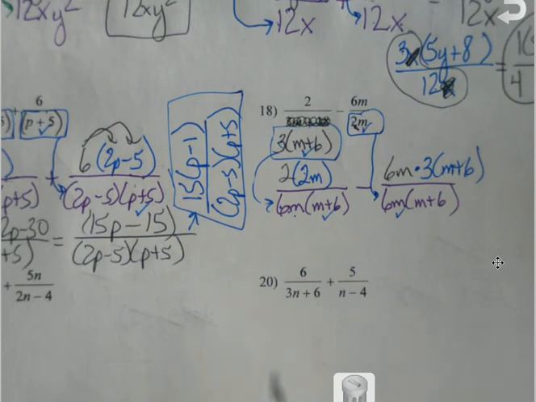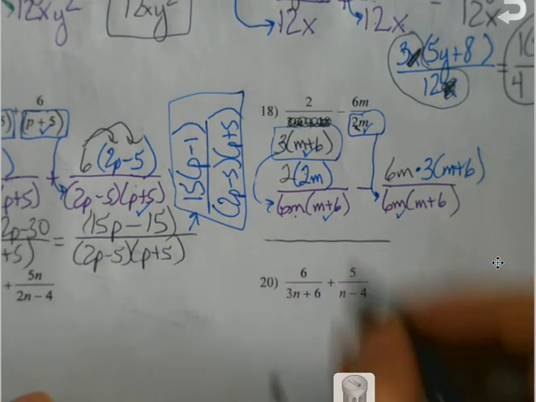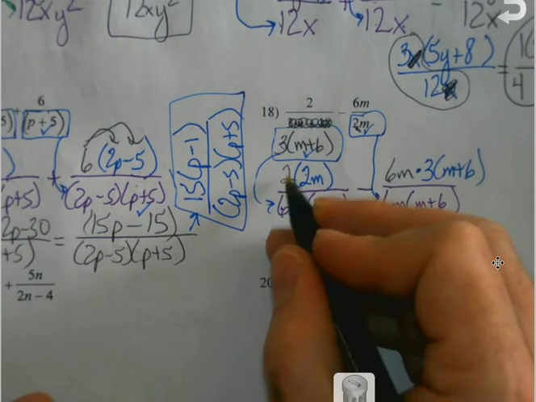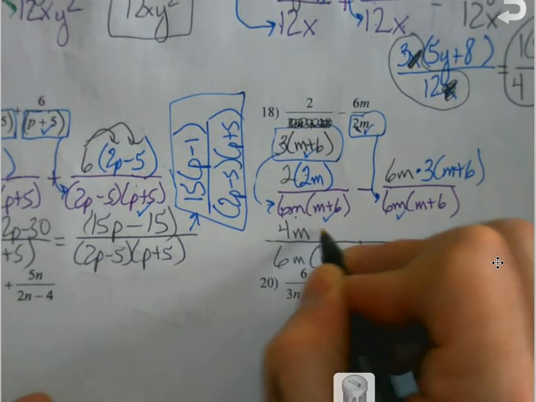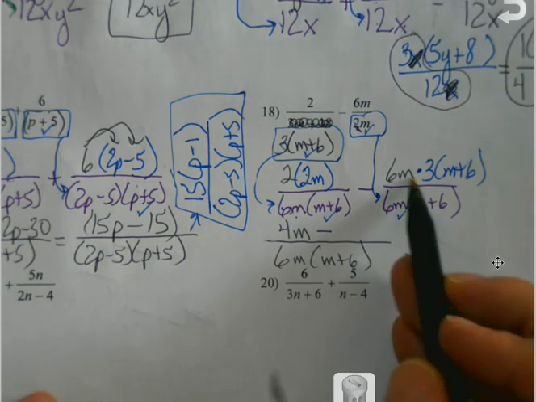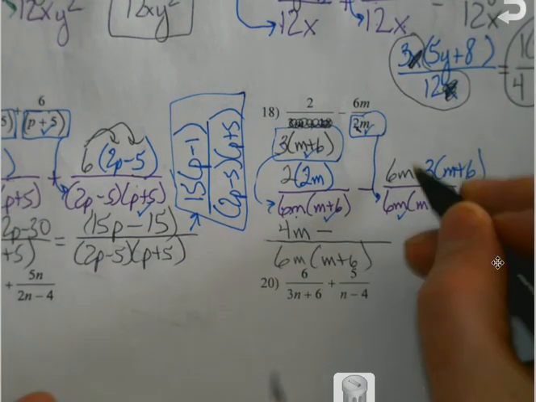So I start to look, I'm like, whew, this is going to be a little bit of a doozy. I'm glad we're not doing 20. We might need the room. 6m, m plus 6, so 2 times 2m is 4m. Minus. Okay, my suggestion: the stuff that's on the outside of your parentheses, I'd multiply it together first. So I'm going to cross this out.